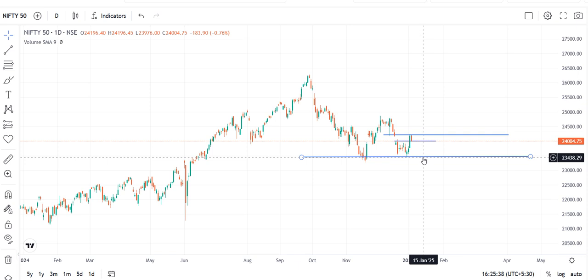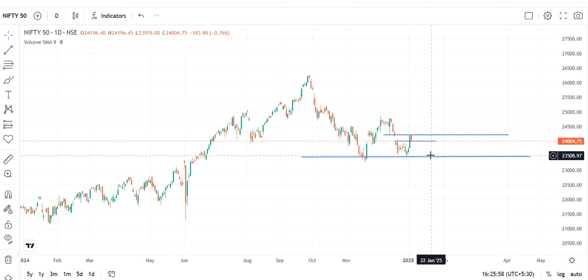But I don't see it taking this support, because even if I take 14 November, or 13 November, it is taking support at this level. So it is very unlikely that it will come down and break this level.